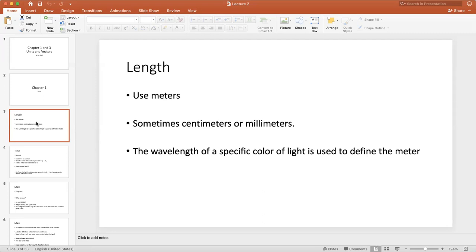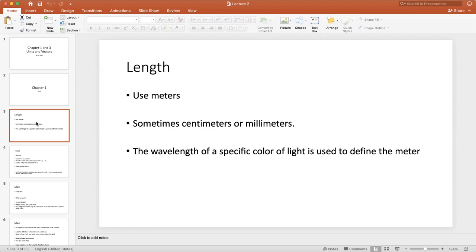Centimeters are 100th of a meter. Millimeters are 1,000th of a meter. Often in biology, you're going to go down to micrometers. If you're doing chemistry, you often are in centimeters. A cubic centimeter of volume has the same volume as a milliliter.